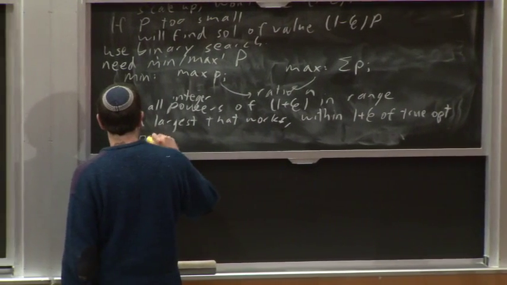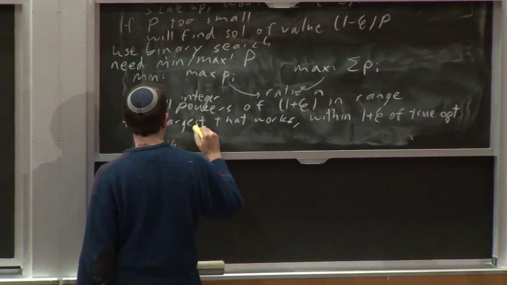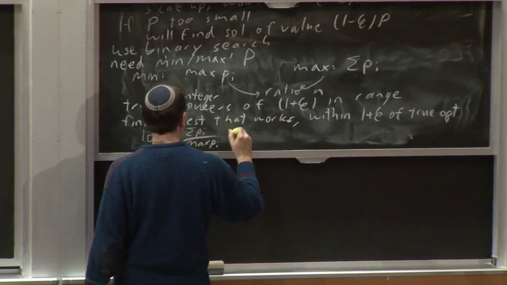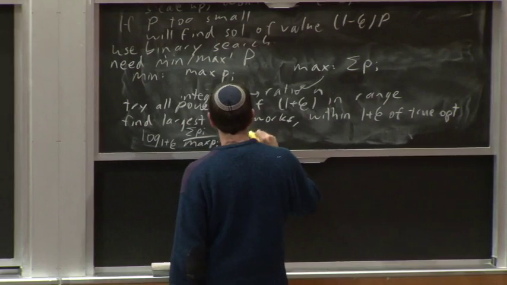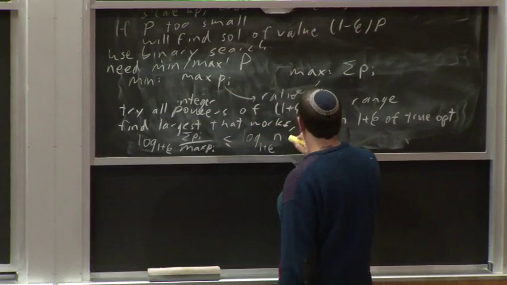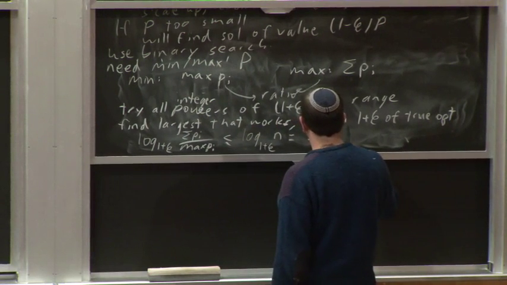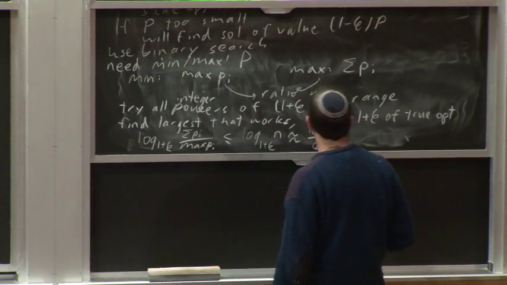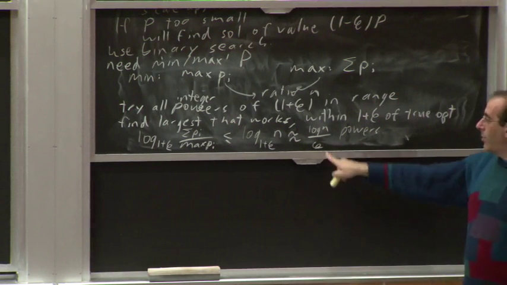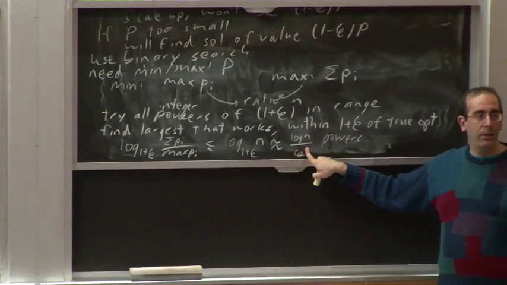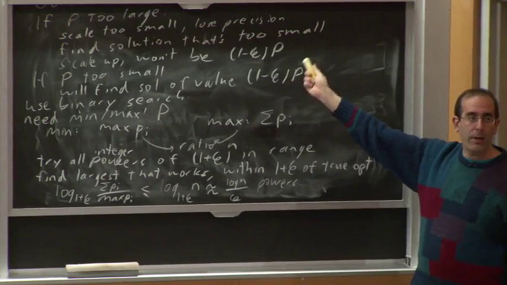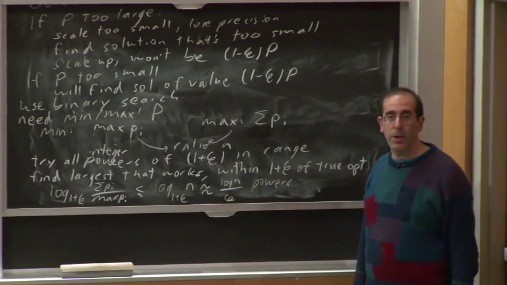Well, there are log base 1 plus epsilon of the sum of p_i over max p_i, which is at most log base 1 plus epsilon of n, which is approximately log n over epsilon possible powers. So I have to try this many different powers of 1 plus epsilon using the scheme that we just outlined over here to see which one works and which one doesn't.